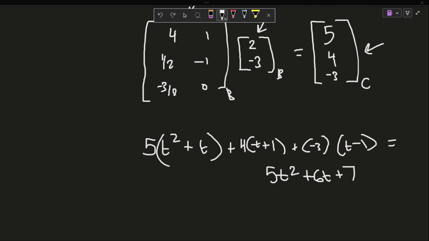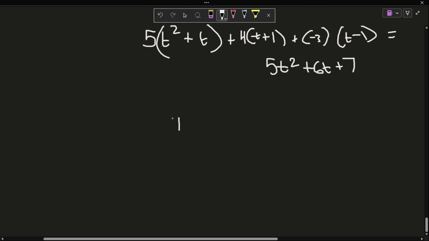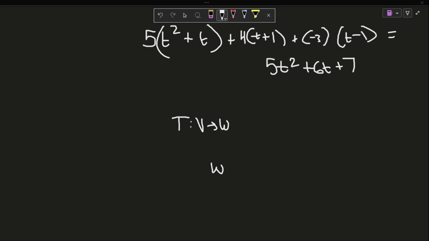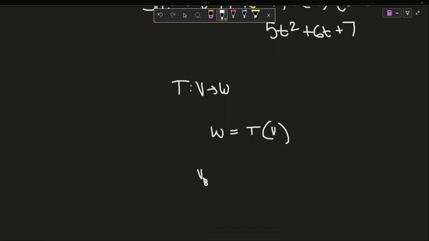Because let's say we have a transformation T from V to W, where V and W are vector spaces, and we say w is going to be the output T of v. Okay, and so v_B is going to be our coordinate representation of v with respect to the B basis, and w_C is going to be the coordinate representation of w with respect to the C basis.